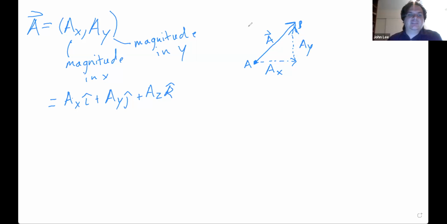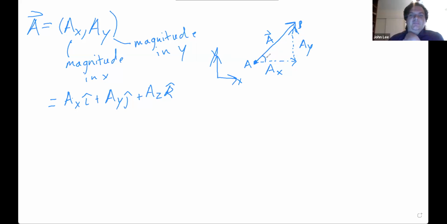So that's what it means by the components AX, AY, and AZ. So we're doing two-dimensional Cartesian coordinates.